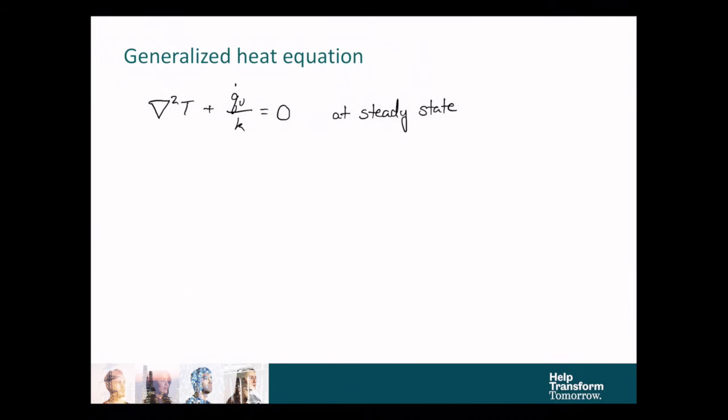Finally, we arrive at the generalized heat equation, which is the Laplacian of temperature plus the constant generation over thermal conductivity at steady state. What's notable about the Laplacian is that it has the effect of taking the second derivative of the function, and its output is a scalar. It adds each of those differential terms together.